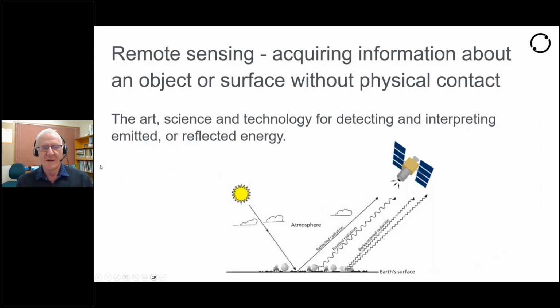First of all, a definition for remote sensing. It's all about acquiring information about an object or surface without physical contact.